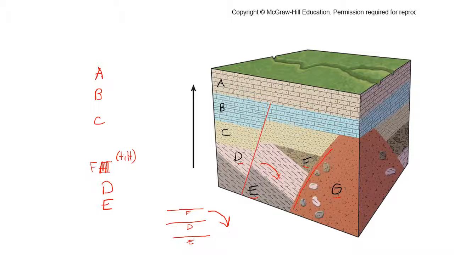So we've got everything lined up except for this G. What are we going to do with G? Well, G has to be younger than everything that it cross-cuts. So it has to be younger than E, D, F, and C, because it's cutting across C, but B is on top of it. So G has to be between B and C.